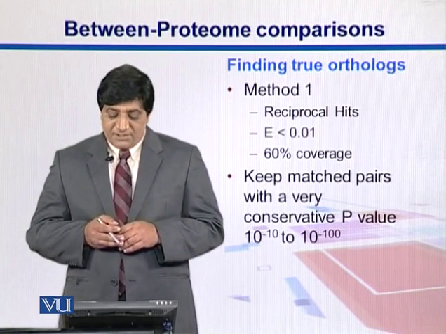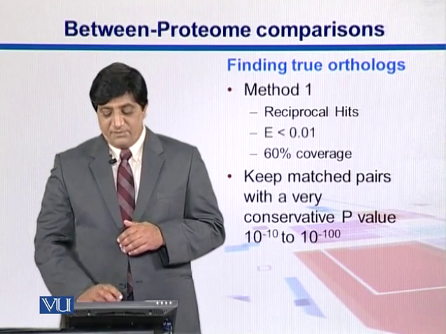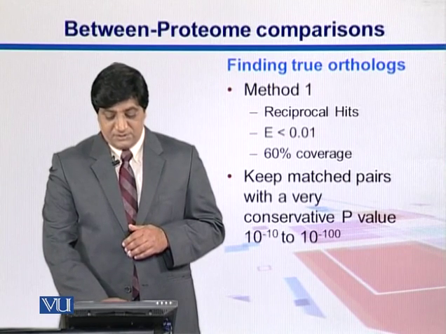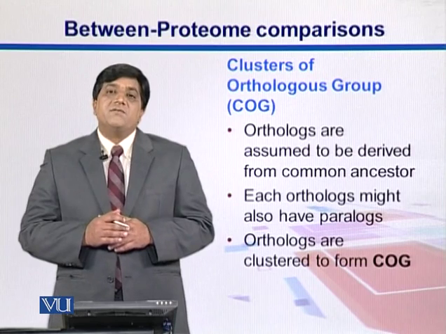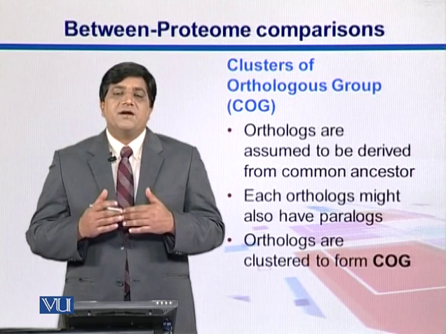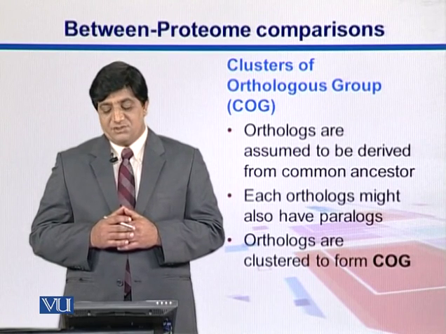So we keep those matched pairs, sometimes at very conservative or very low p-values, maybe like 10 power minus 10 or 10 power minus 100. In this way, we can group those organisms which are similar to one another. We call them clusters of orthologous groups or COGs.